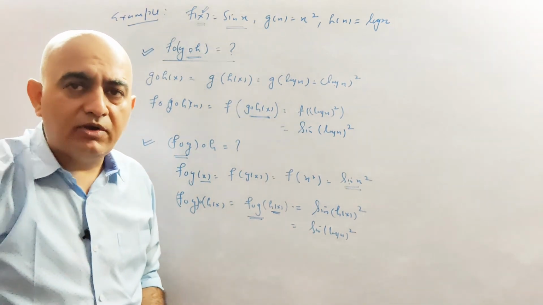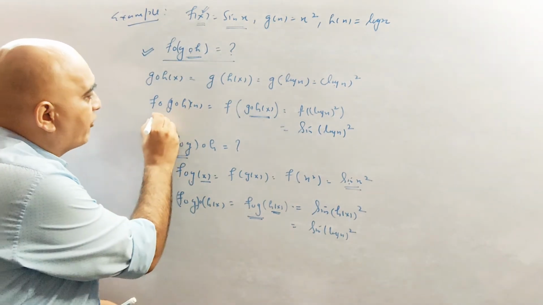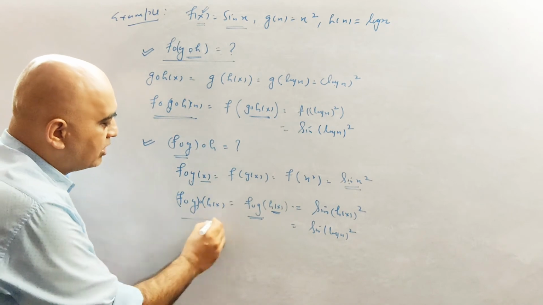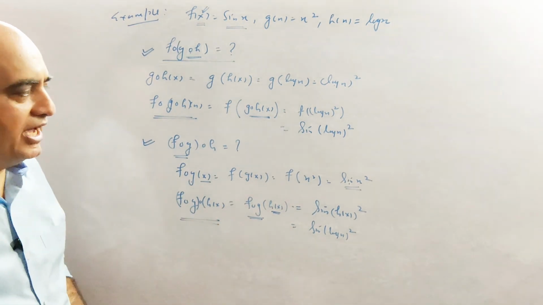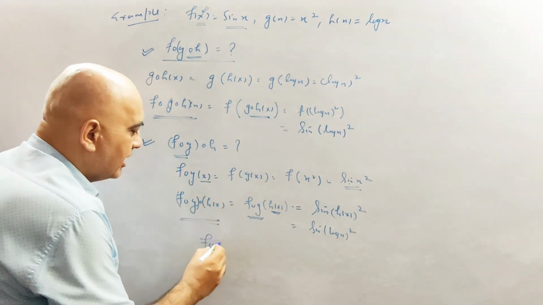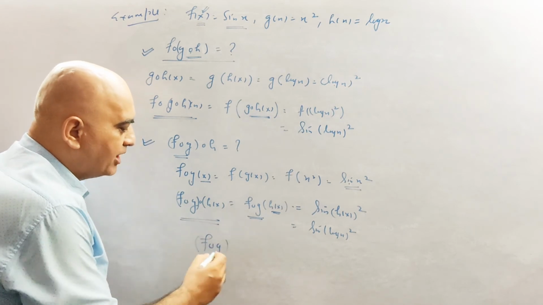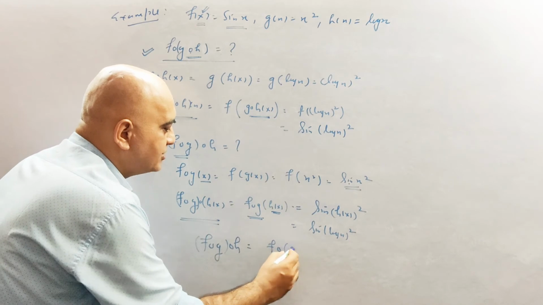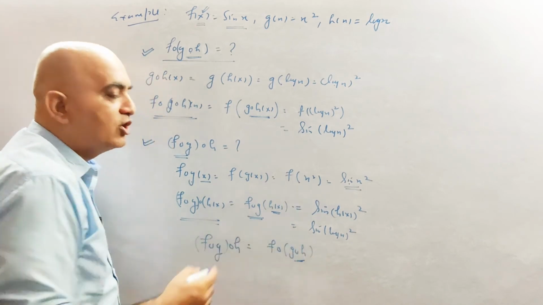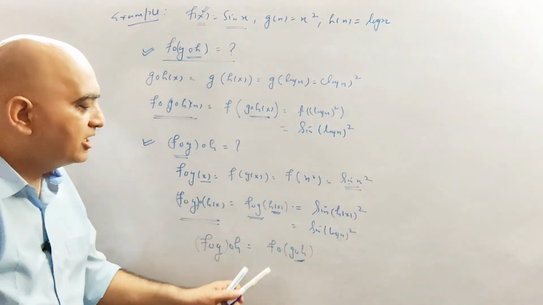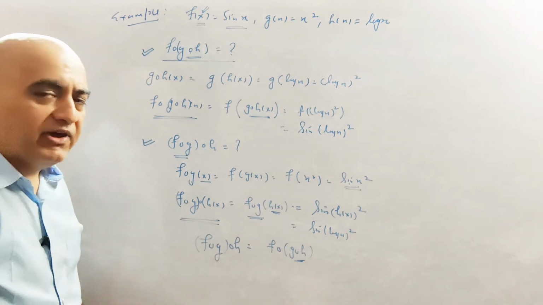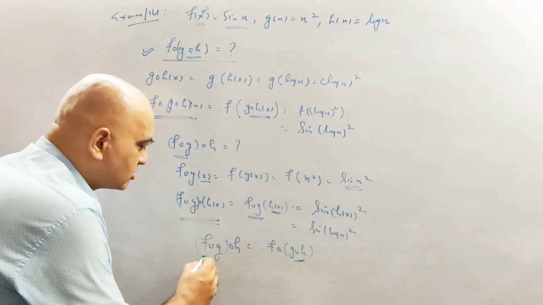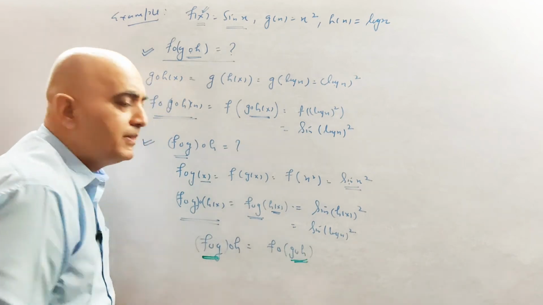So we are concluding that again f of g of h is equal to f of g of h of x. Means if we operate f of g first, then operate h, or take f of g of h, meaning first operate g and h, after that operate f, because whenever you solve the function, first of all you should solve the brackets.